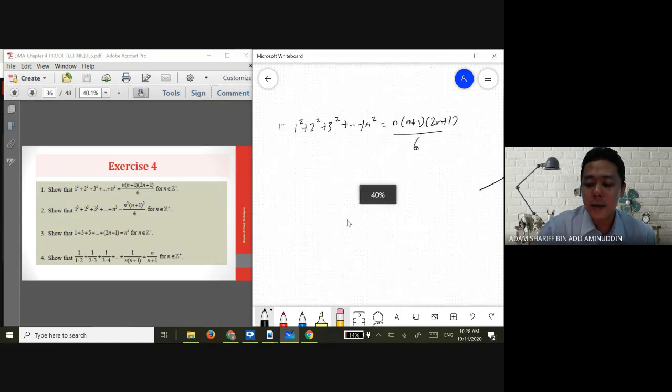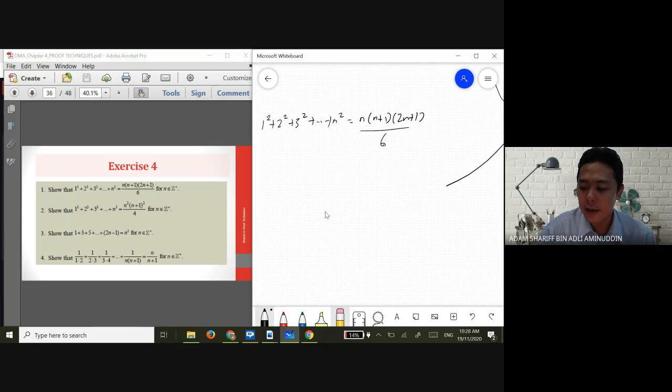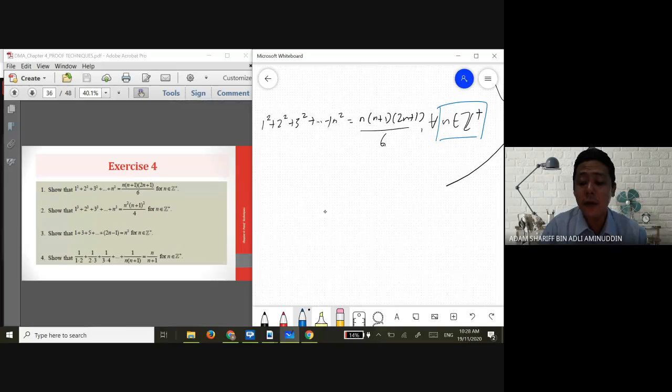Okay, recall that, alamak ni soalan lain. Okay, for every n which is a positive integer, domain plays a huge role here. Sometimes the domain is different, therefore the formula on the right hand side will be sometimes different. So make sure you got the domain correct.